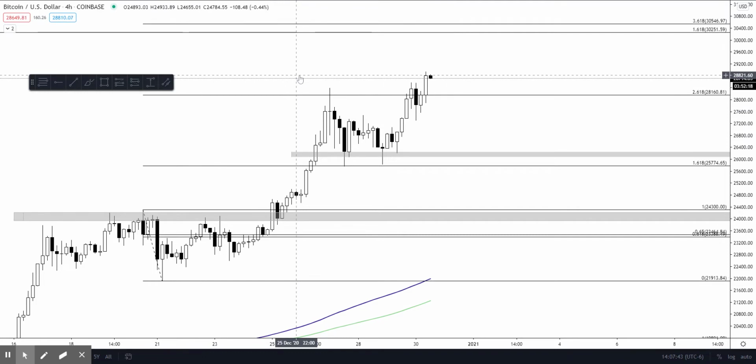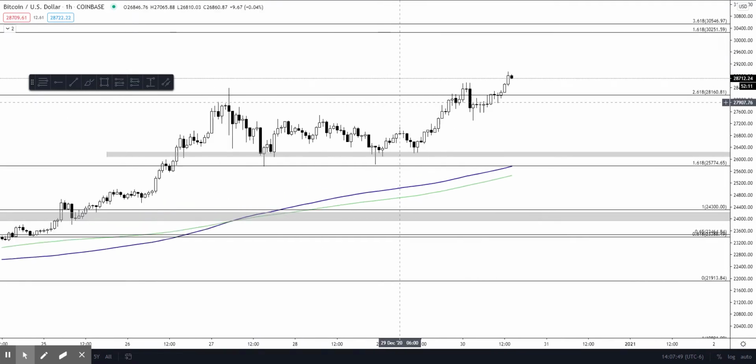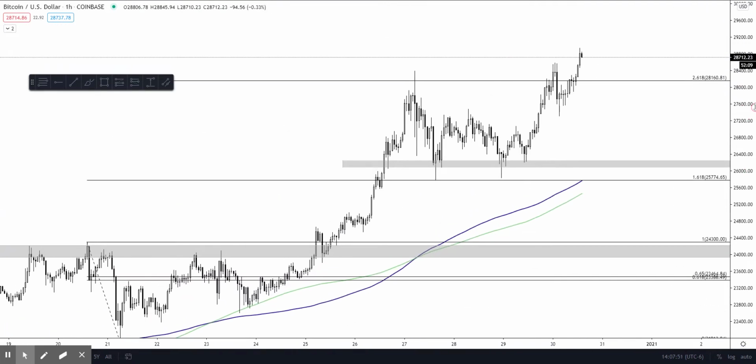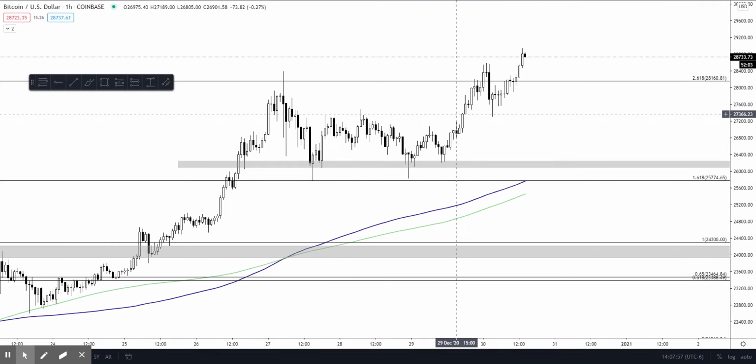So you have some 4 hour demand moving downwards, and that's good to see. You don't want to see price just moving parabolically and not forming these support zones. If we do come back down and test it, that should be a nice region to potentially buy the dip.